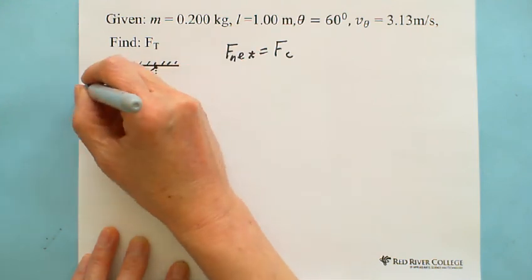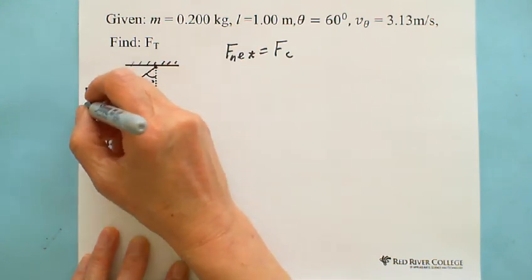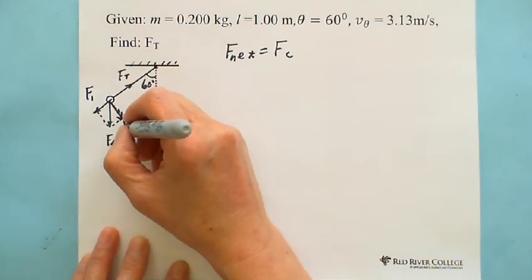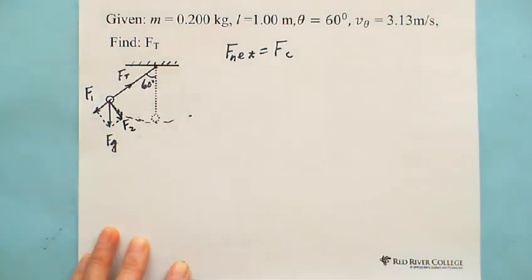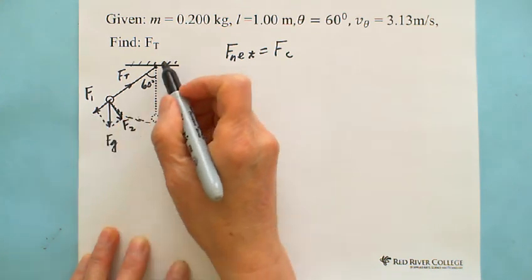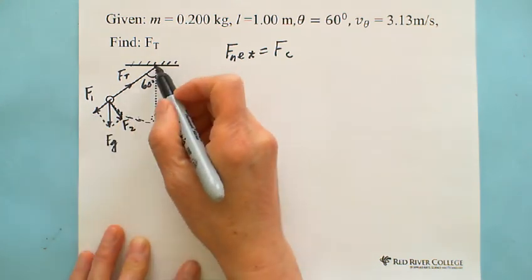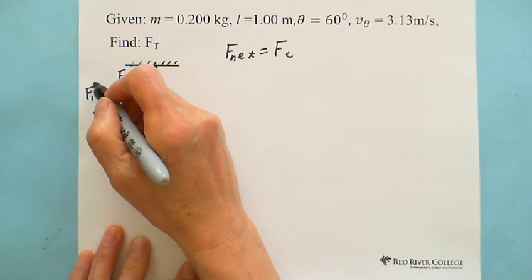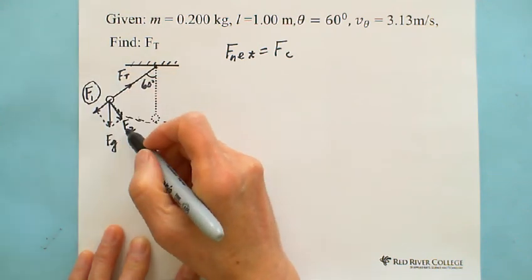Let's call them F1 and F2 for ease. F1 is in the direction to the center, which is the one we need. But what about F2?